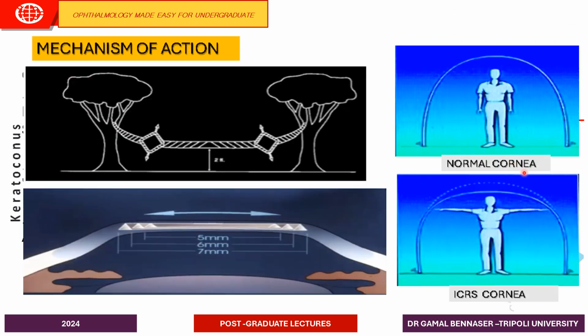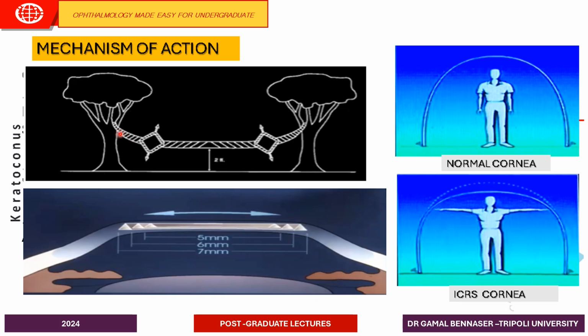the cornea. So to summarize, if you look at this picture, this is a steep cornea. Now if you put a spacer here, this will pull the rope, this one, and this will cause more flattening of the central part of the cornea.